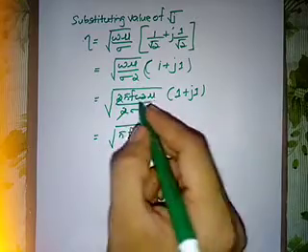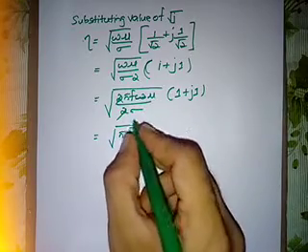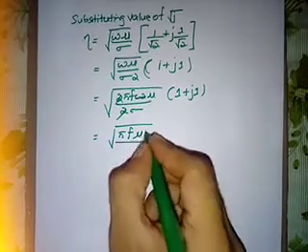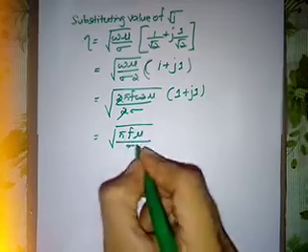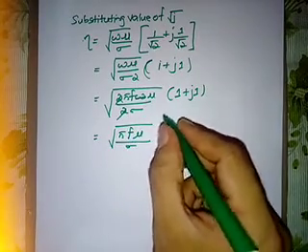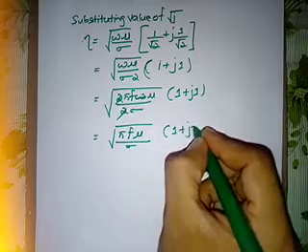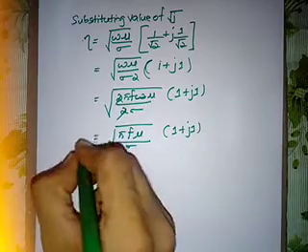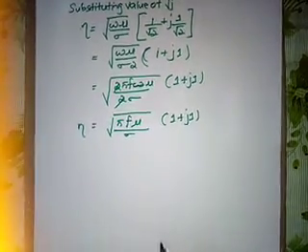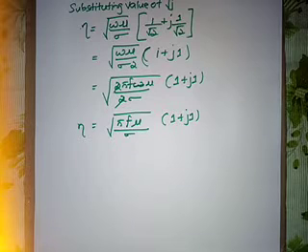This is the intrinsic impedance eta. So eta is equal to the square root of pi f mu by sigma into 1 plus j.